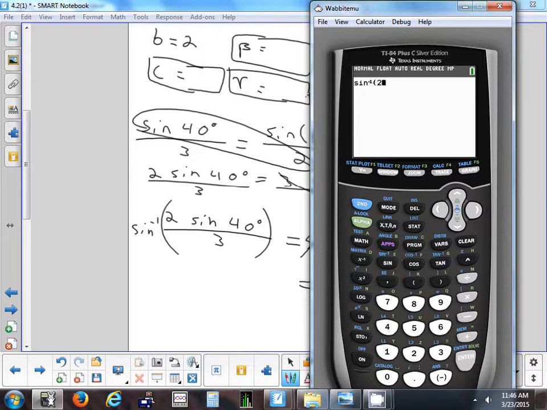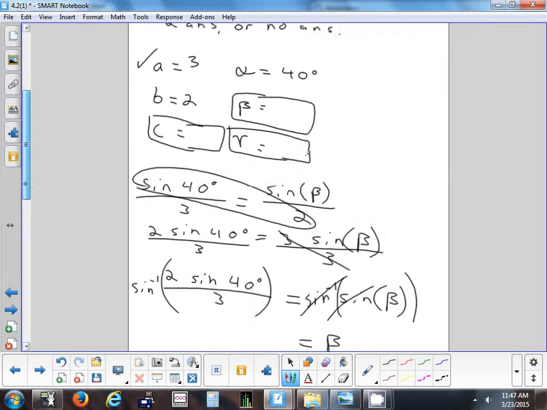Inverse sine of 2 sine 40, divide by 3. Be very careful, if you don't close that parenthesis, it's going to mess up. Okay, so we get 25.374. This is not no solution. If it was no solution, my calculator would have just said something about an error. Okay, we'll see one of those tomorrow. All right, so we have at least one solution.